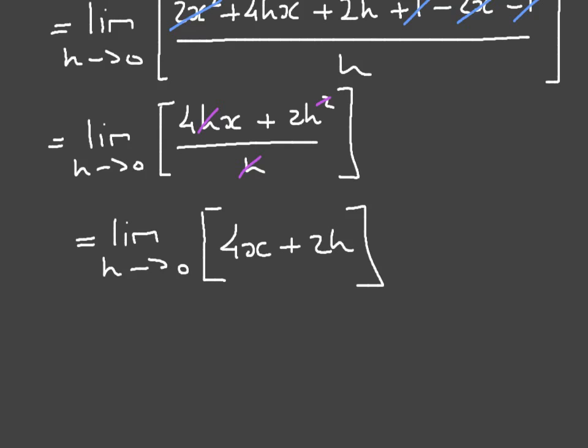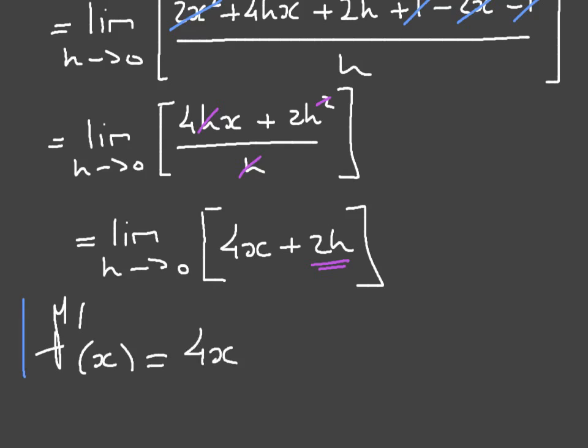In other words, if we consider the expression 4x plus 2h and we're told that h is infinitely close to 0, well then this term here, 2h, is going to get infinitely close to 0 as well. So in essence, we're just going to be left with that 4x. And that's what we're doing here. We're taking the limit. So we're saying that f dash of x is going to be equal to 4x.